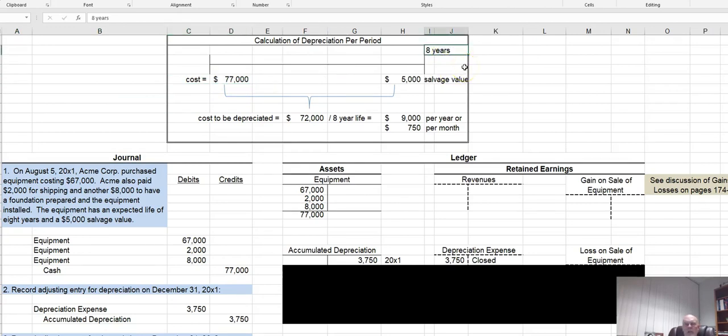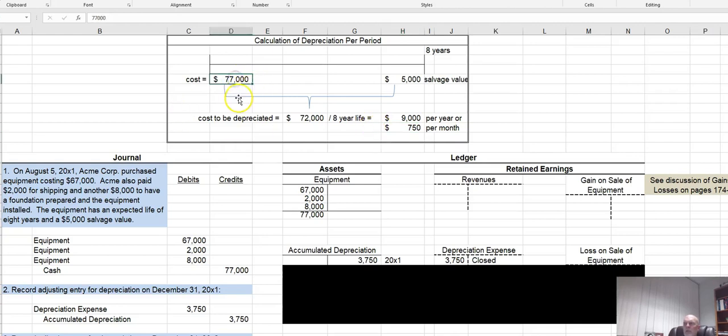And at the end of the 8 years, we believe it has a salvage value of $5,000. So over that 8-year period, we're going to be depreciating the difference between the cost and the salvage value. 77 minus 5, that'd be 72,000. Over 8 years, that would be 9,000 a year, or $750 a month. Okay, so that's what we're dealing with.